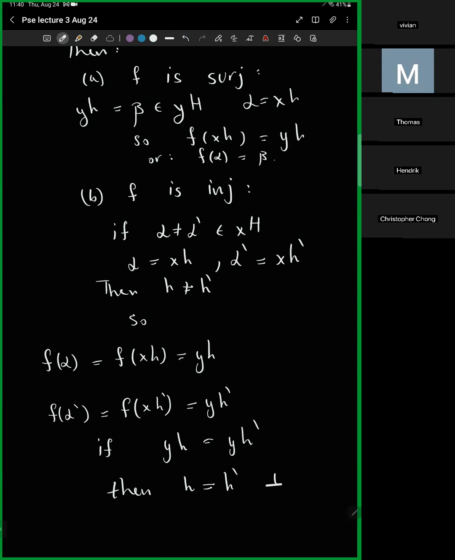We assumed that alpha is different than alpha prime, and this means that h is different than h prime. So this is all to say that f is injective as well. And what we get is a bijective map from xH to yH.